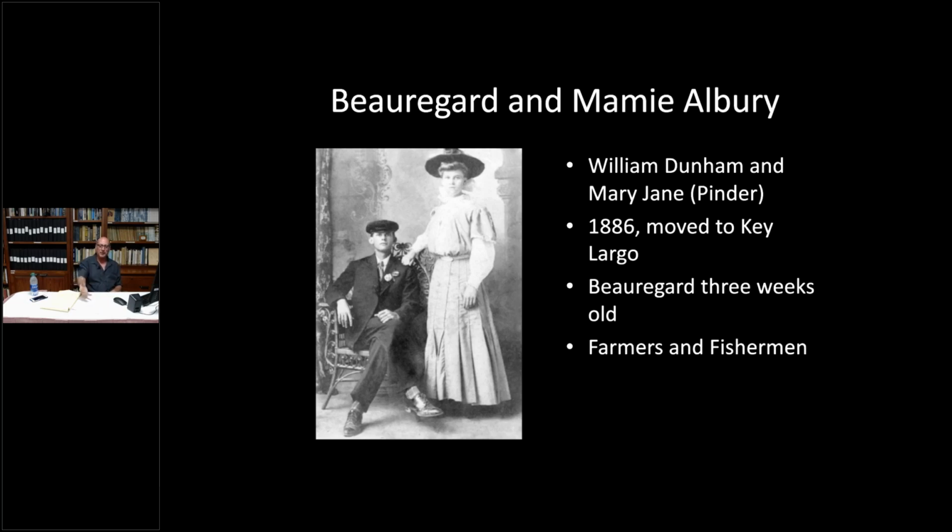To homestead a property, you had to clear it, improve it, build a house, and then live on it for 5 years. But that wasn't a possibility until the land was surveyed, and Key Largo wasn't surveyed until 1872. So there are no homestead records that predate 1872.